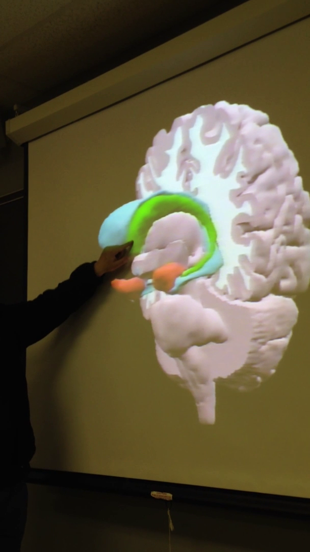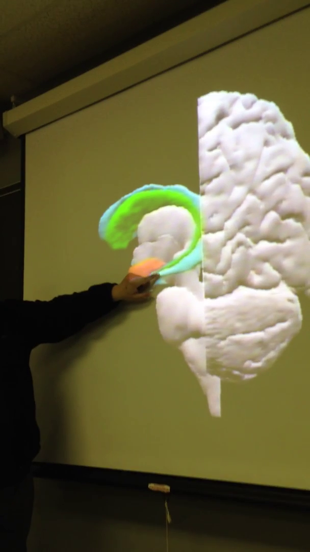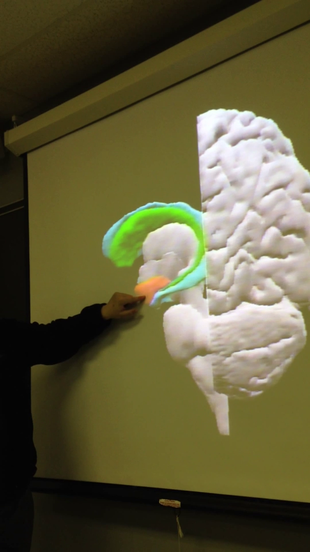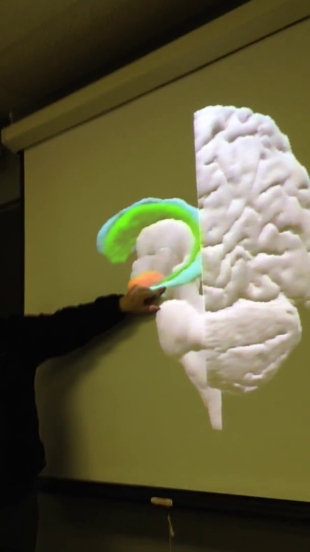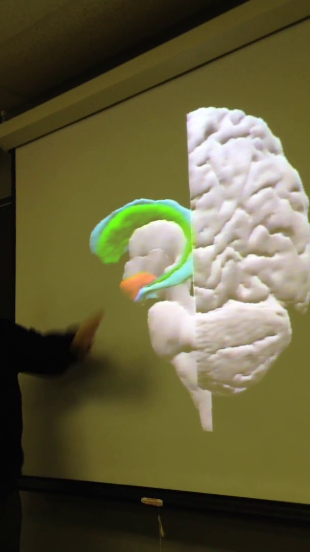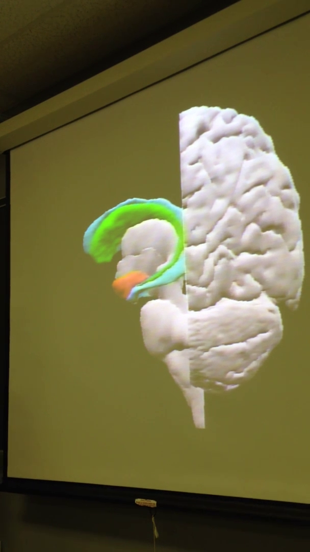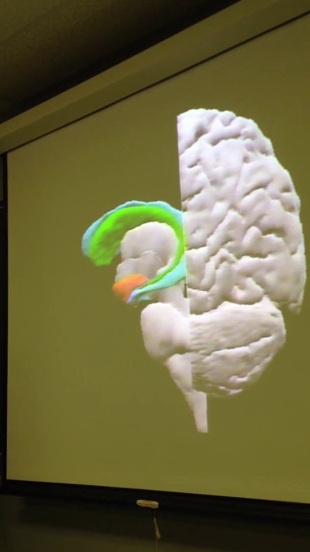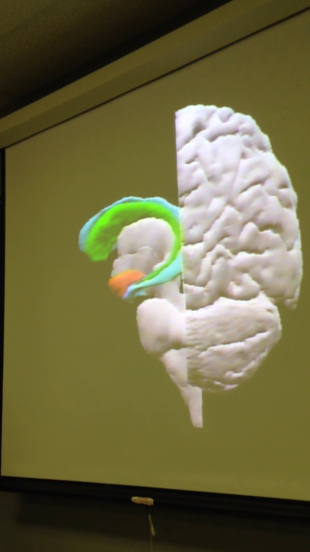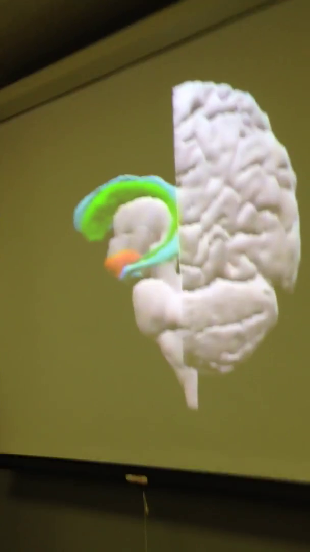Here we have the caudate nucleus, the amygdala, lateral ventricle, and thalamus. What's the red? Amygdala. You can see the lateral geniculate right there.